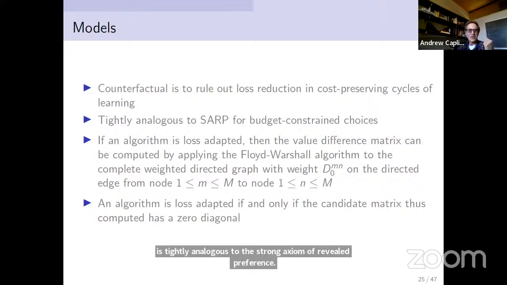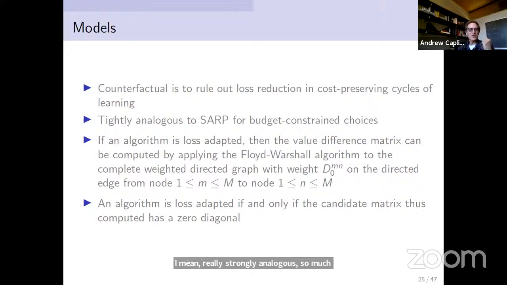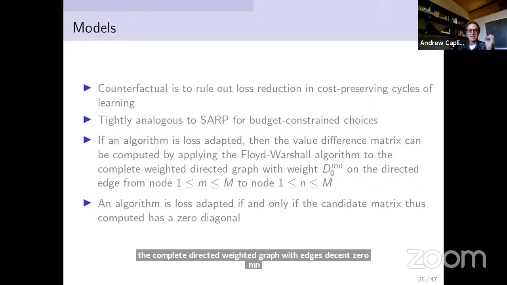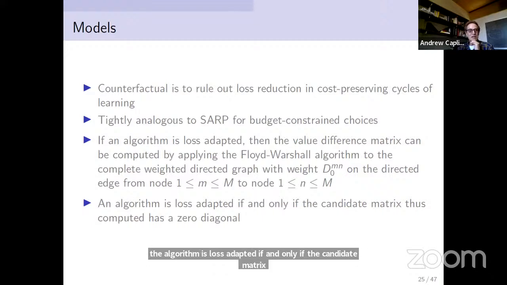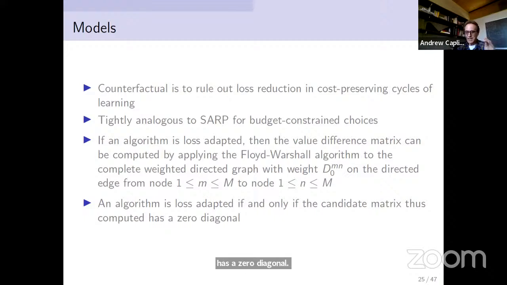So much so that you can use the Floyd-Warshall algorithm on the complete directed weighted graph with edges D_MN, and compute the D matrix. And the algorithm is loss adapted if and only if the candidate matrix has a zero diagonal. This is completely implementable and operational in the same sense as the standard axiom of revealed preference.